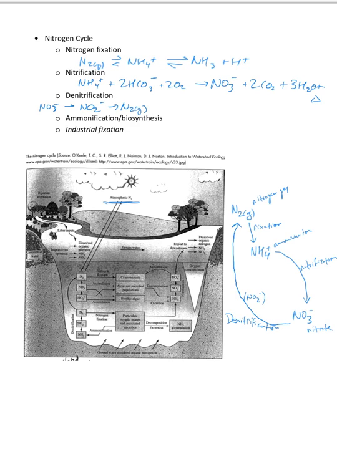In the meantime, NH4+ as ammonium is available to plants and animals. This is the sort of fertilizer form that plants can use. And when we eat plants and animals, we also get nitrogen in our bodies from that. So the ammonia can go through a process called biosynthesis, in which it's converted to what we call organic nitrogen.